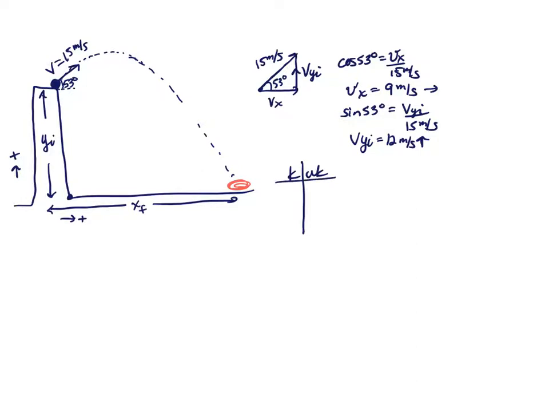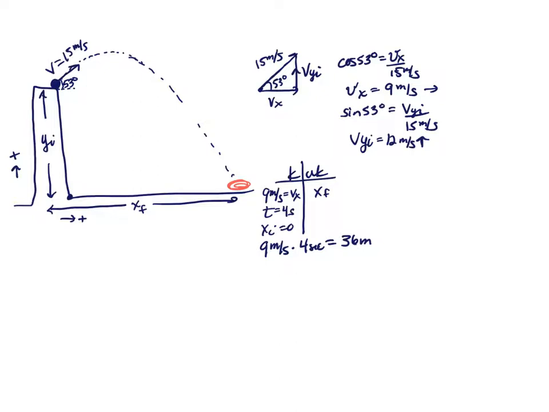Well, I know now that my Vx, because it doesn't even need initial because it doesn't change, is 9 meters per second. I know from the problem that I'm in the air for 4 seconds, and all I need to find is my x final because my x initial is 0. So here I can actually figure it out in one step. 9 meters per second times 4 seconds is going to give me a horizontal position of 36 meters. So I know I need to place my platform 36 meters away.